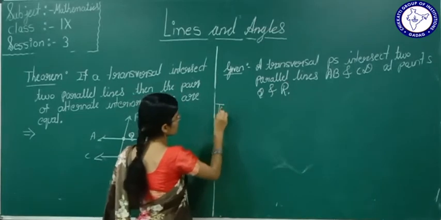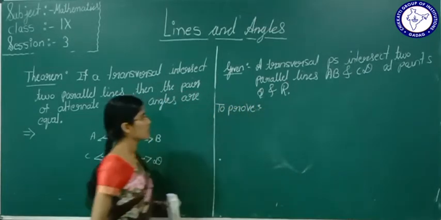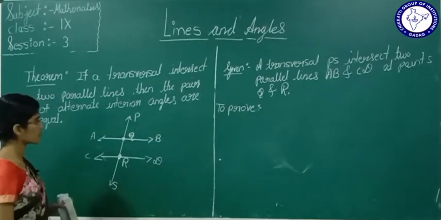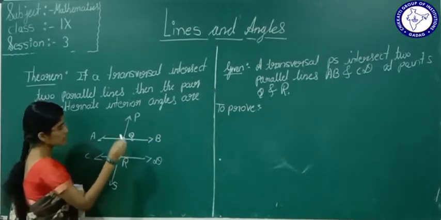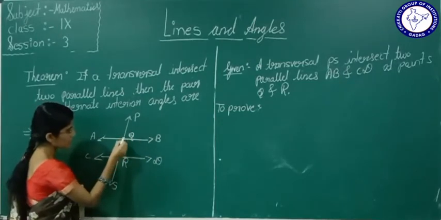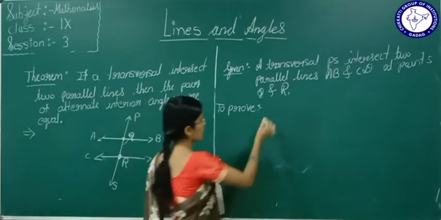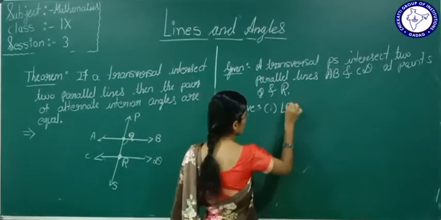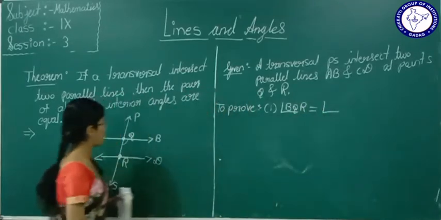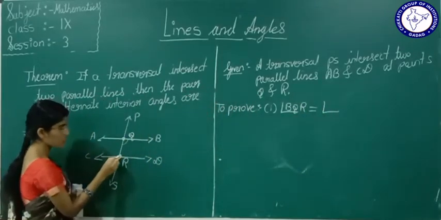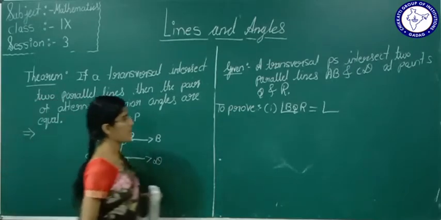So what do we have to prove here? We have to prove, for the alternate interior angles, that angle BQR is equal to angle QRC.